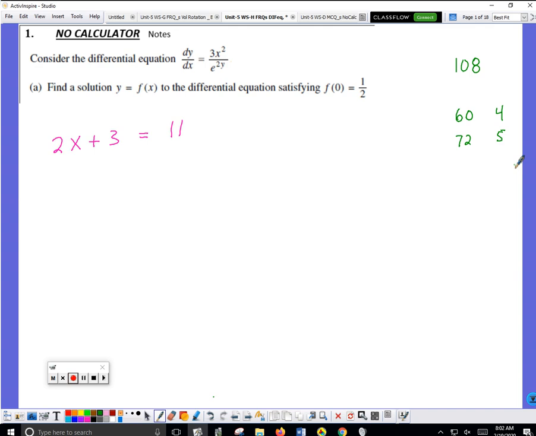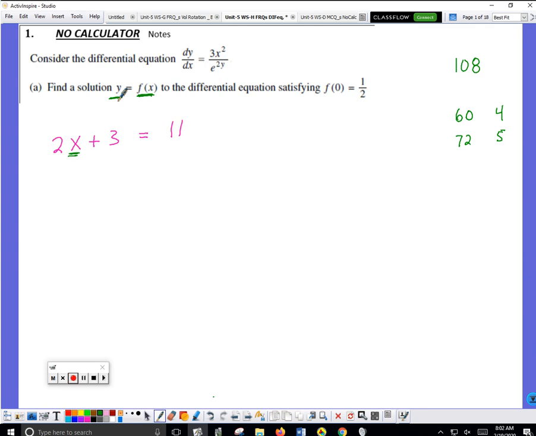Here's the big idea. To find the solution to this equation, you simply find the value of x which makes the equation true. To find the solution to this equation, you simply find the formula, not a value. The formula f of x, or if you like, you can call the formula y, it doesn't matter. You find the formula which makes this true.